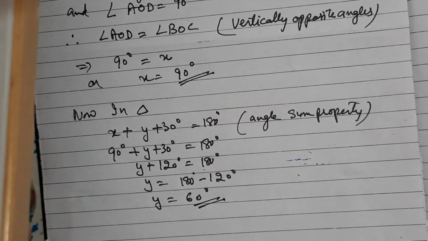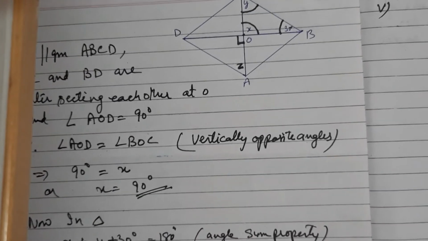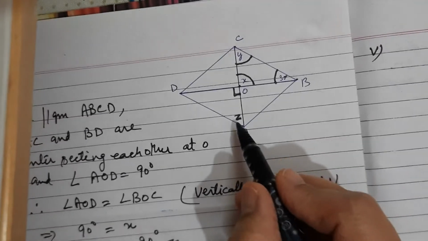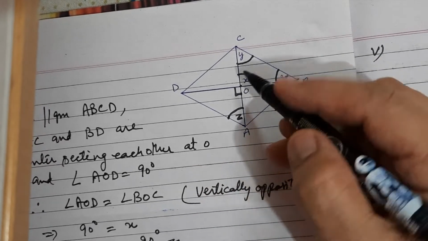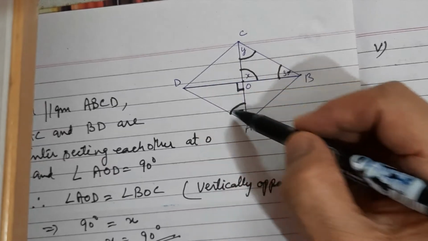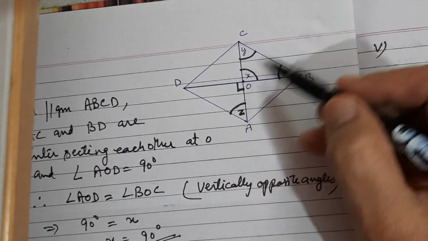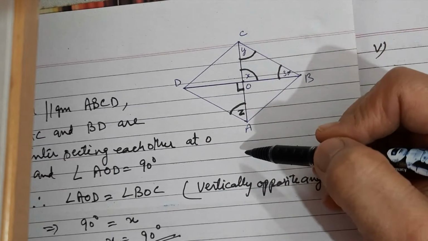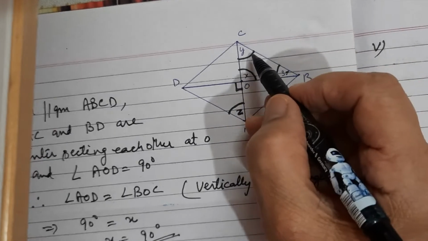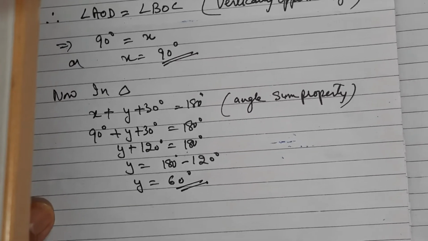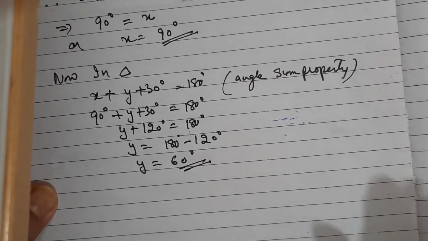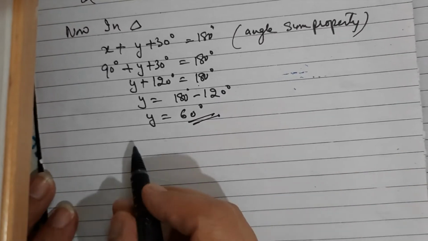Second value. Now for the third, for z, this angle. See these two lines, AD and BC, are parallel to each other, and AC is the transversal. We are getting alternate angles. Corresponding angles are also there, but they are alternate interior angles, so the measurement will be the same.